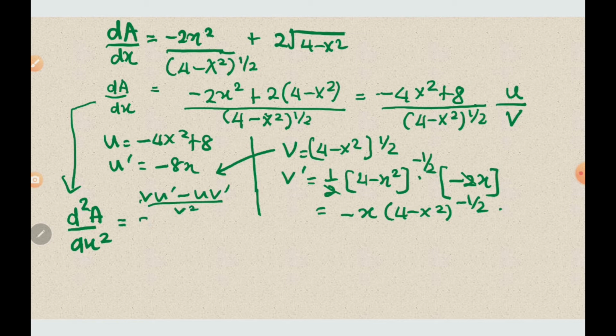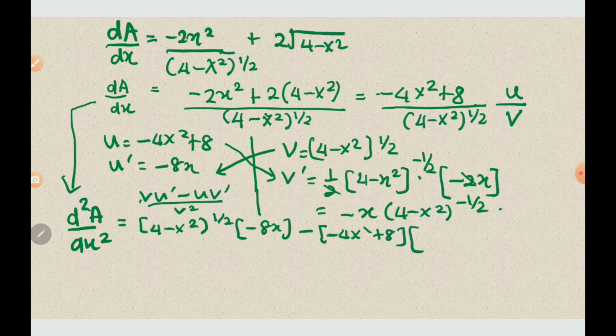v is (4 - x²) to the power of 1/2, and you multiply with u', which is -8x, minus u multiplied with v'. u is -4x² + 8, and you multiply with v', that is -x multiplied with (4 - x²) to the power of -1/2.